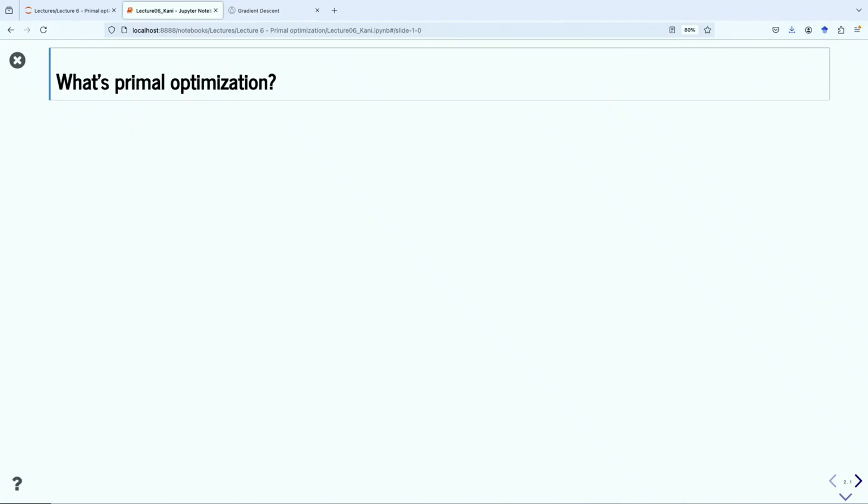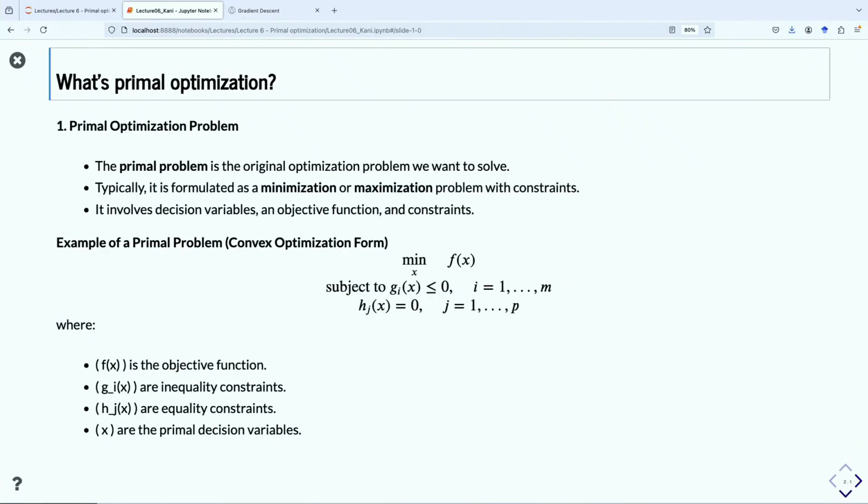So primal optimization is effectively what we have been doing so far. We have an optimization problem. For instance, we have a function that takes in a bunch of inputs. In this case, x is one or more variables. And then we have some constraints we subject it to, some inequality constraints.